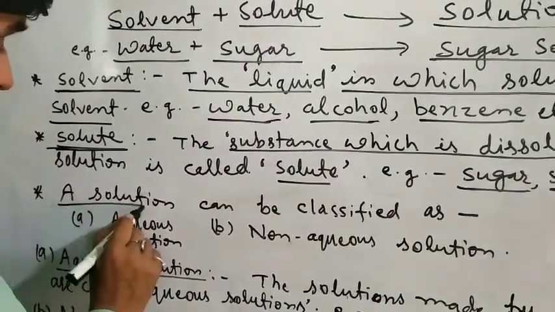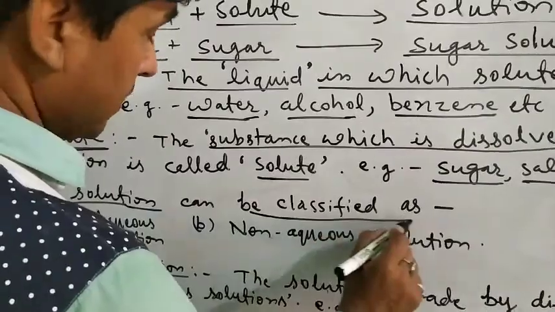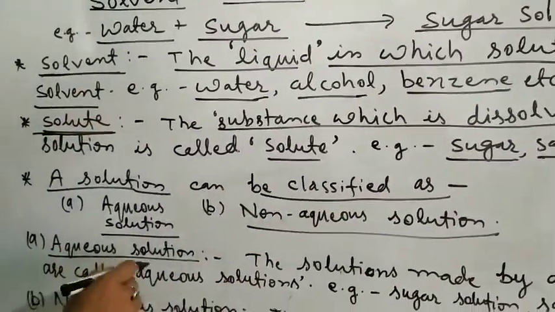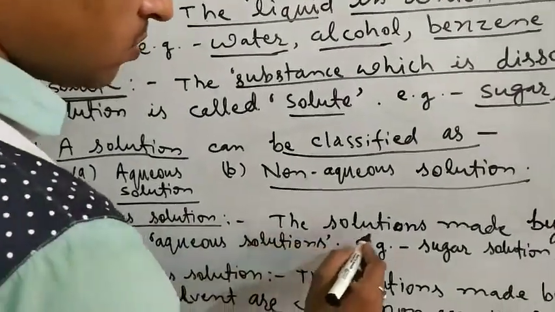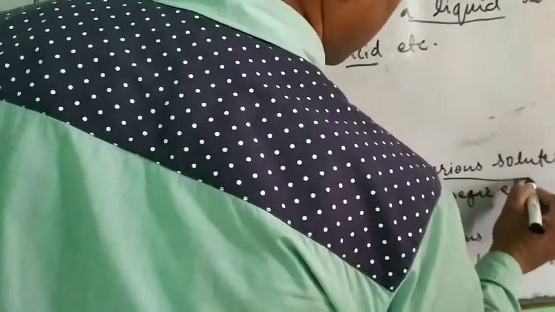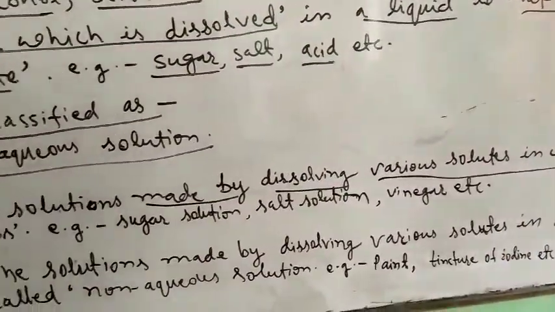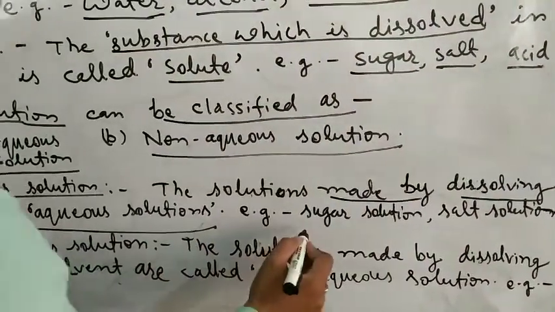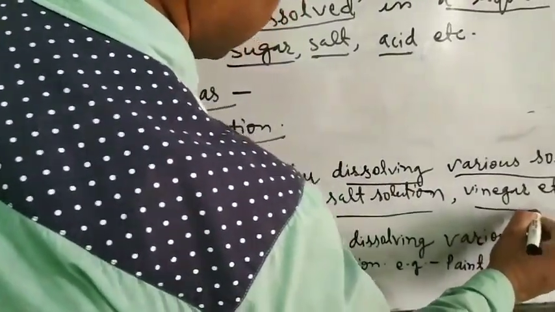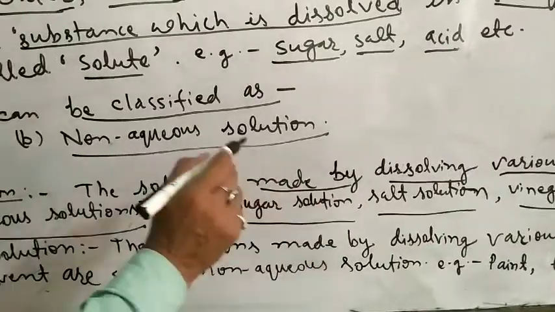A solution can be classified as aqueous solution and non-aqueous solution. What is an aqueous solution? The solutions made by dissolving various solutes in water is called aqueous solution. For example, sugar solution, salt solution, vinegar are the examples of aqueous solution.